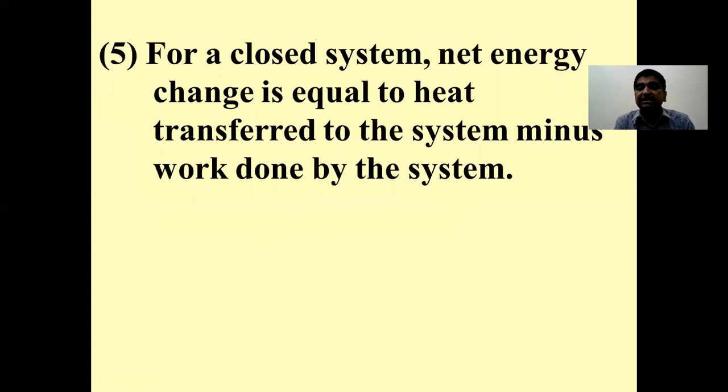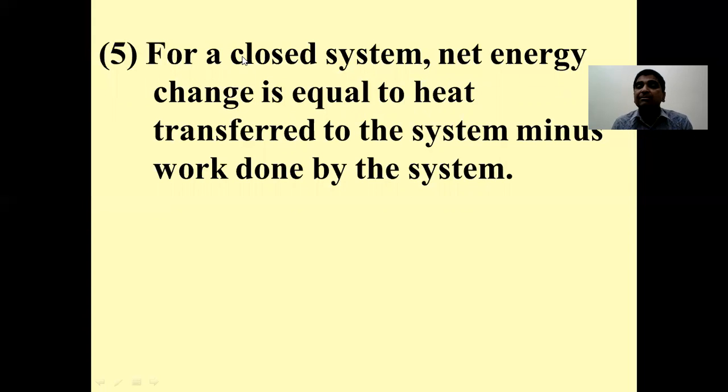Then the next statement says that for a closed system, what is this closed system? A closed system is a system which can exchange only energy but not matter with its surroundings.